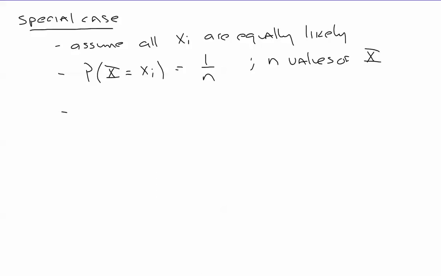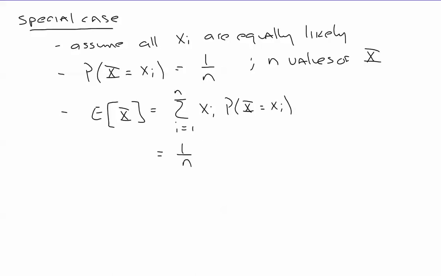Well then, in that case, the expected value is the summation i equals 1 to n of x sub i times the probability that x equals x sub i. And that's just going to be 1 over n times the summation i equals 1 to n of x sub i.